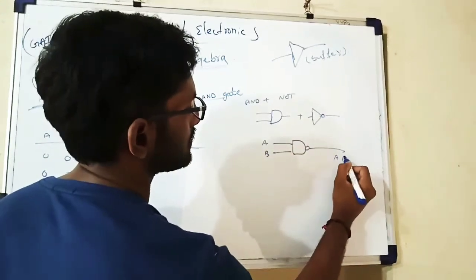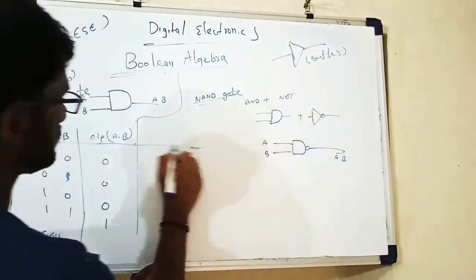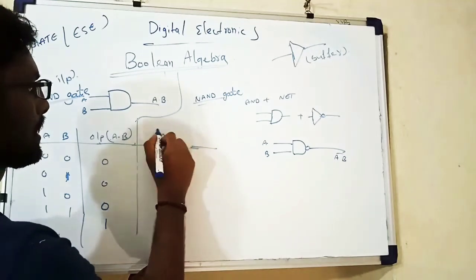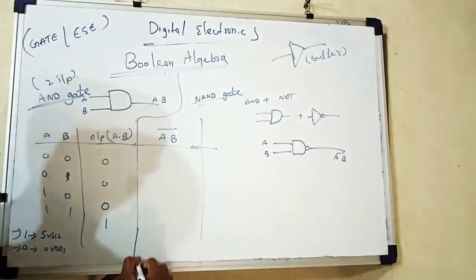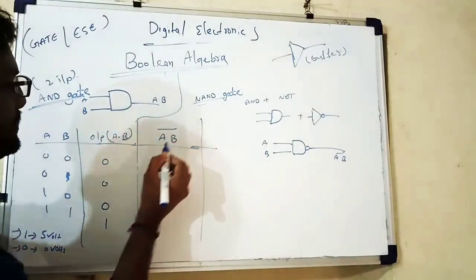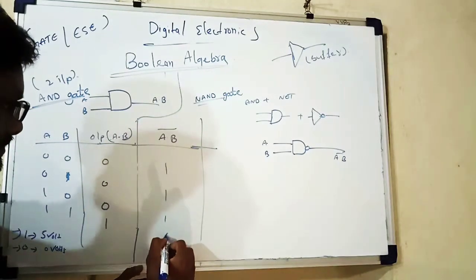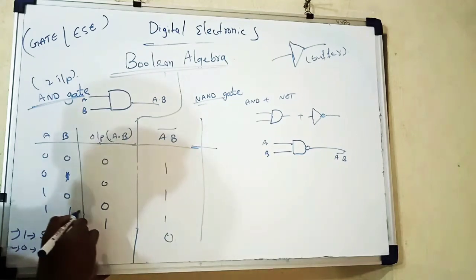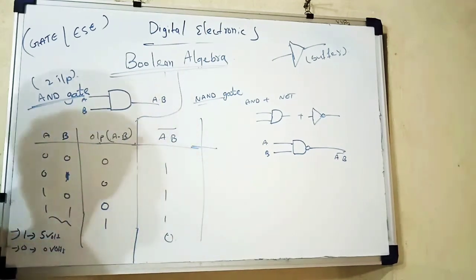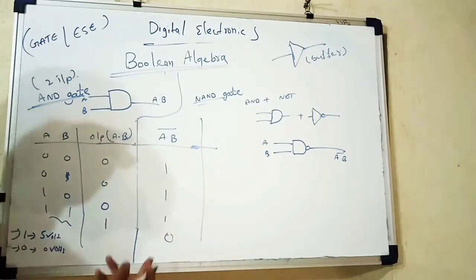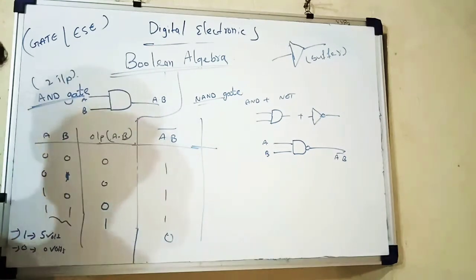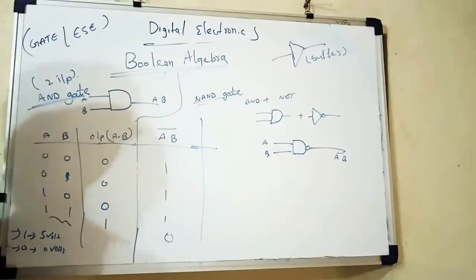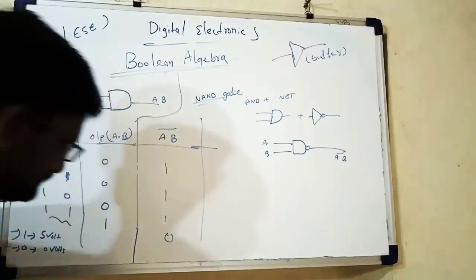And this is AB whole bar. Just by complementing, we get AB whole bar. Here the NAND gate is nothing but whenever all inputs are ones, the output will be 0. In all remaining cases, the value is 1. This is about the NAND gate.